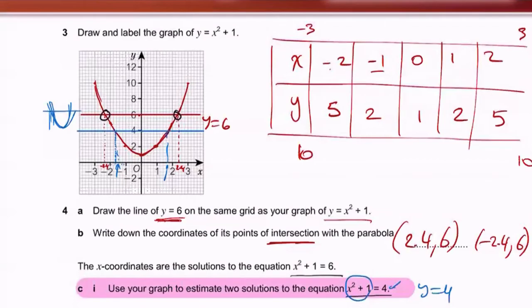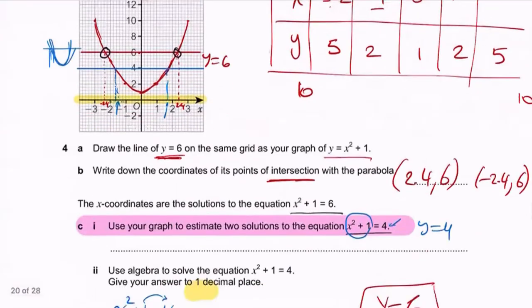Anybody remember? Y equals 0 is the x-axis. X equals 0 is the y-axis. So where is the intersection between the x-axis and our graph? There is no intersection between the x-axis and our graph, right? So there is no solution.